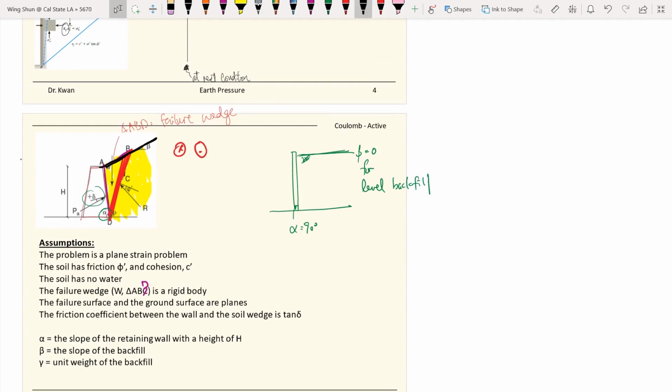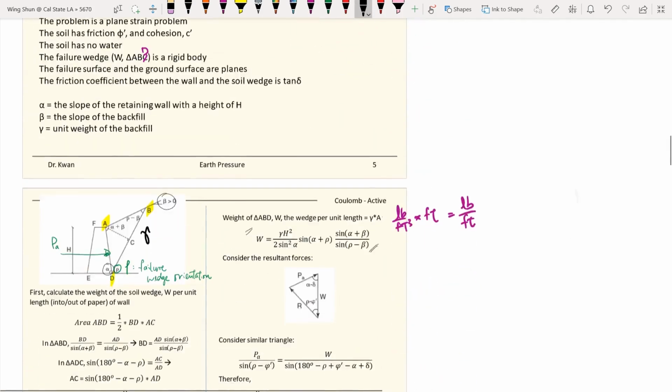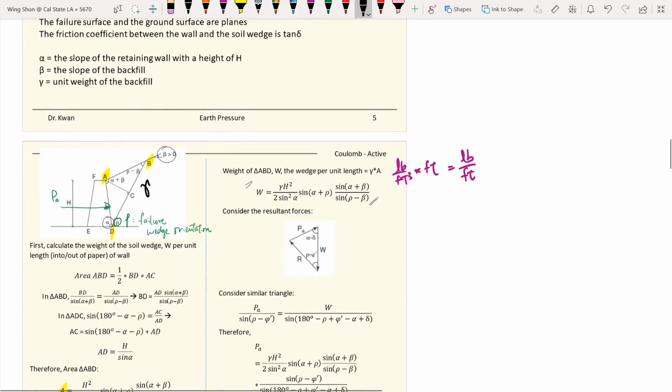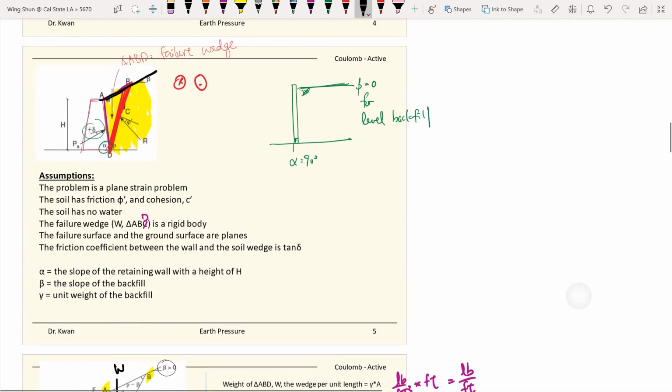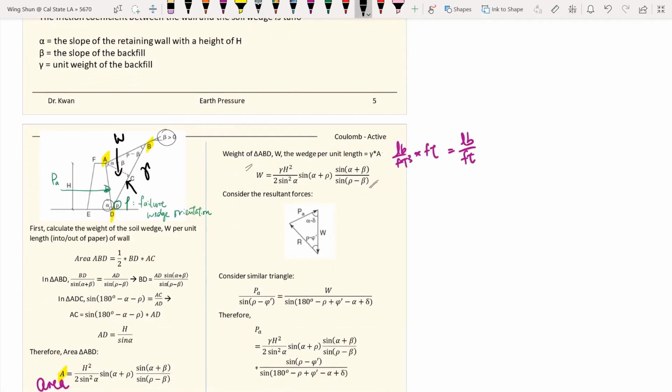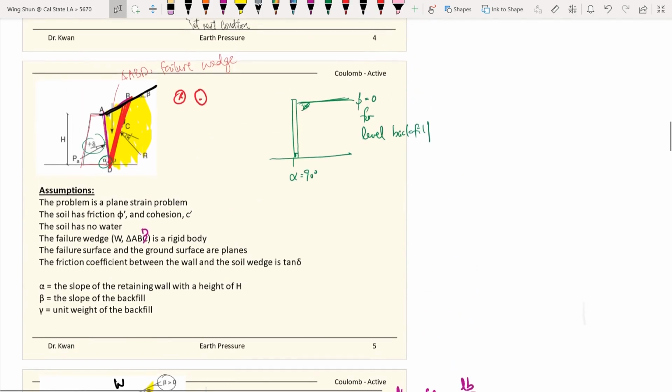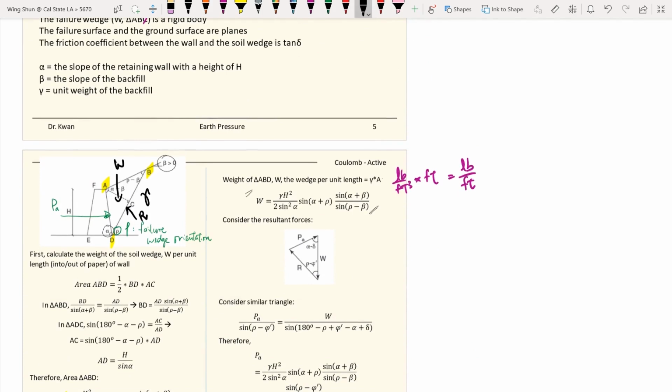We know the weight of the soil wedge, and also the resultant force when the soils slide on each other along the failure plane of the soil wedge, and also the supporting force P sub A. You will come with a slope angle for the resultant force provided by the retaining wall to sustain the soil behind it, and this comes with an orientation and has a horizontal and a vertical component. We will talk about that later.